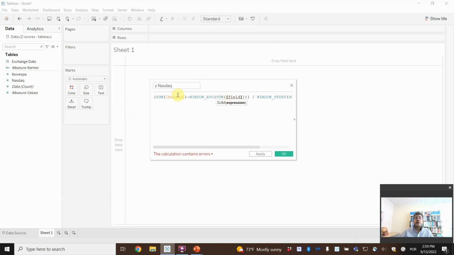So NASDAQ minus the average of NASDAQ divided by the standard deviation of NASDAQ. And here the calculation contains errors. We have some problems, but when we go here, the calculation is valid. So it will show us no error formula.